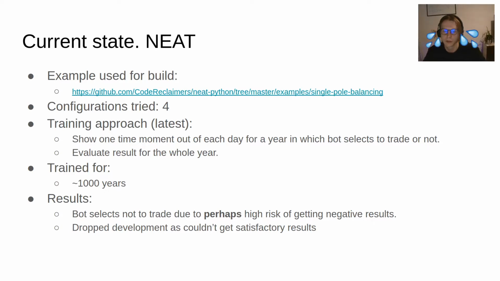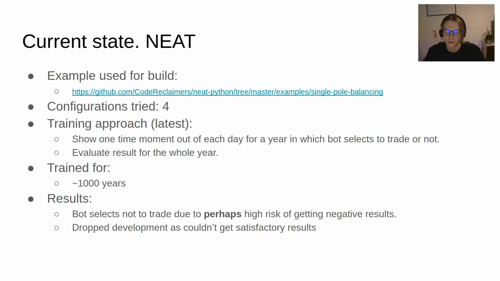After around 80 years of training, the model gets that it can just do nothing, and then the result will be not as bad as going and doing risky moves all around. So yeah, that's the issue with it.